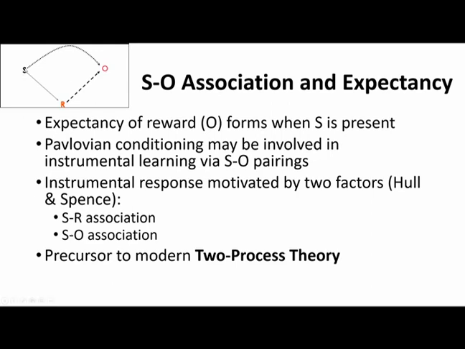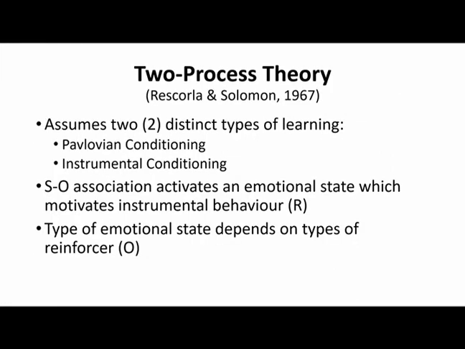So again, expanding on the idea that there's an SR association that exists now specifically because of the association between our S and our O. And this basic idea was the precursor to our modern two-process theory, which we're going to go into right here.